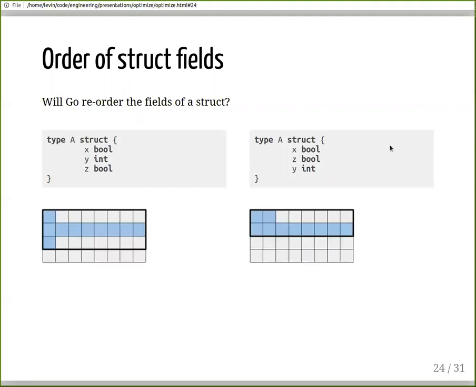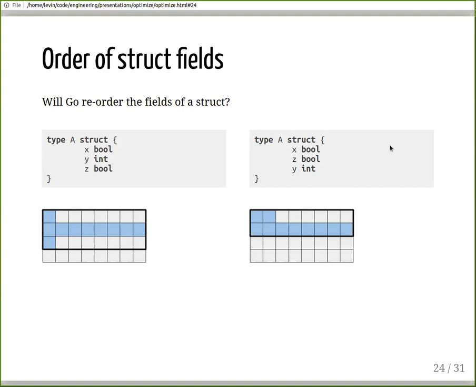Yeah, so I have these little diagrams which show how a struct like this would look in memory. Each little square is 1 byte, and if we start on the left, each of the blue squares is where X, Y, and Z are stored, and then the gray squares in between are left empty, and the bold border is the struct as a whole.